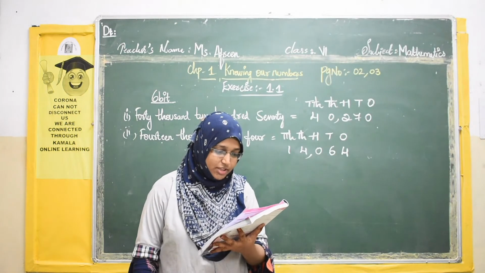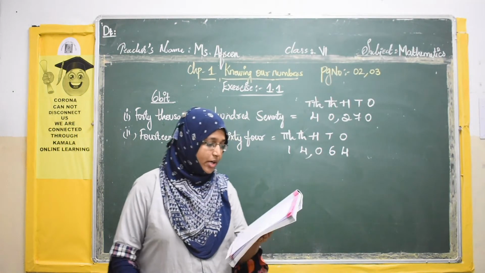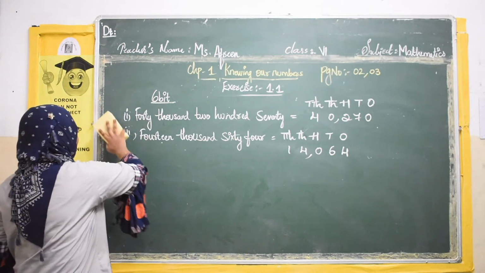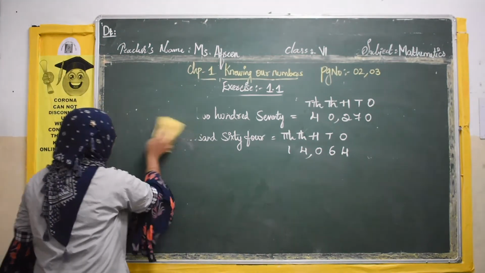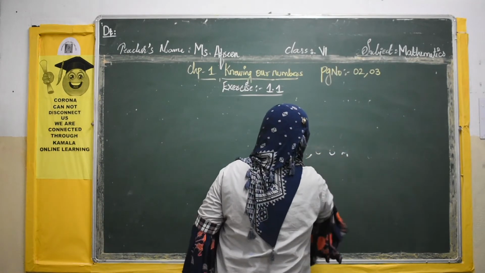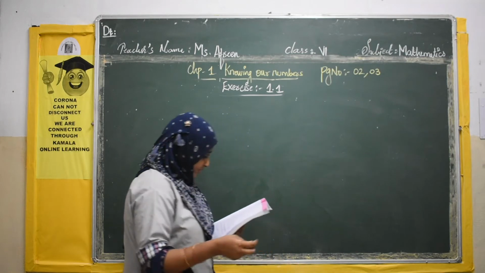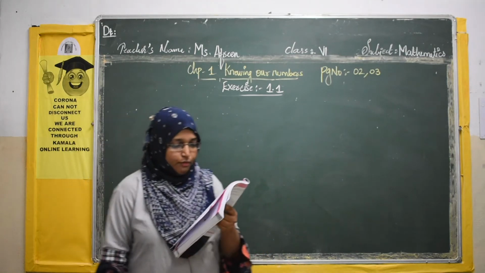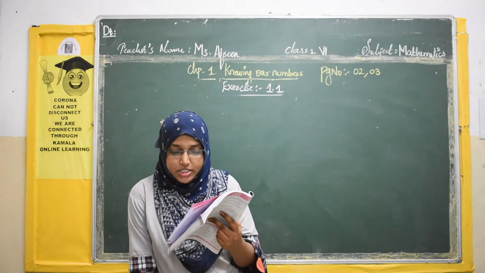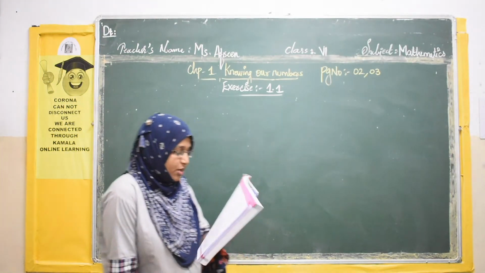Now moving to the 7th bit. I request you all to open your classbook and copy down the 7th question. See, 7th one. Form 4-digit numbers with the digits 4, 0, 3, 7 and find which is the greatest and the smallest among them.